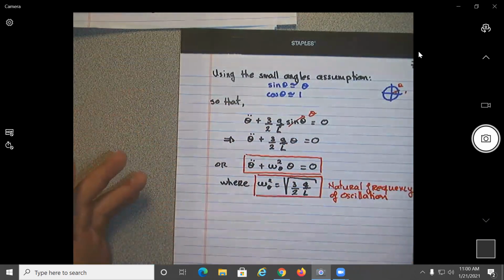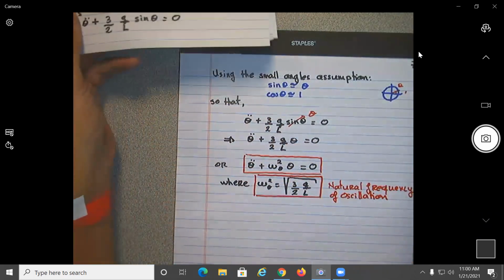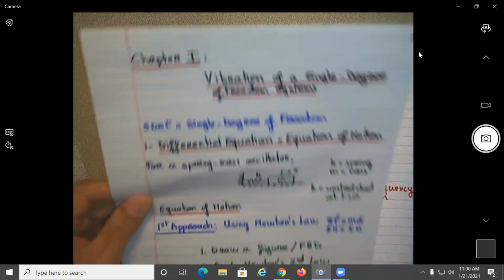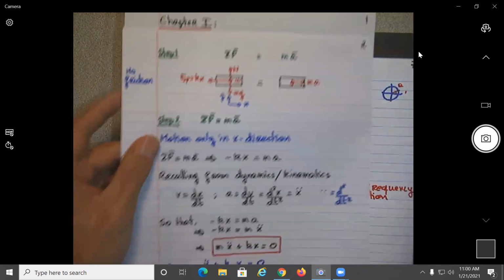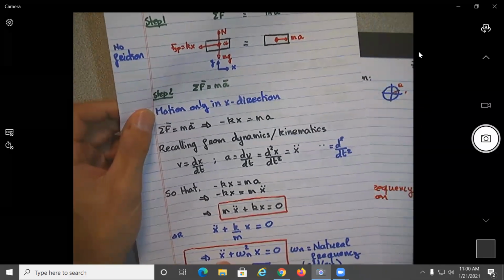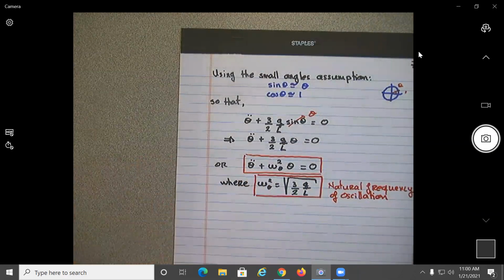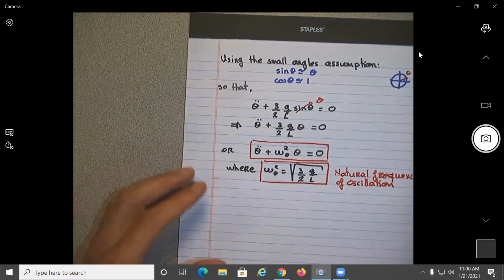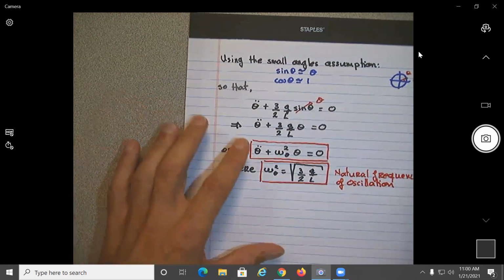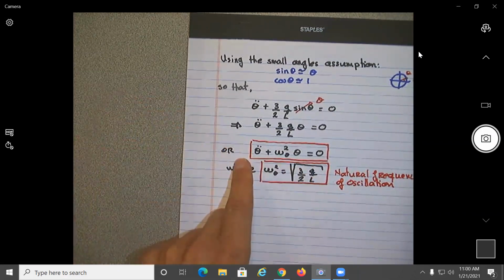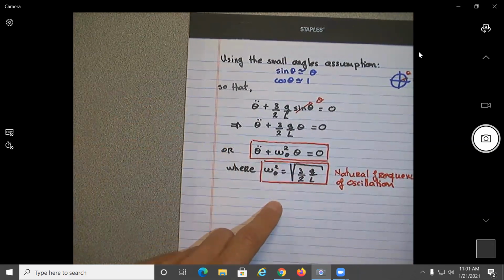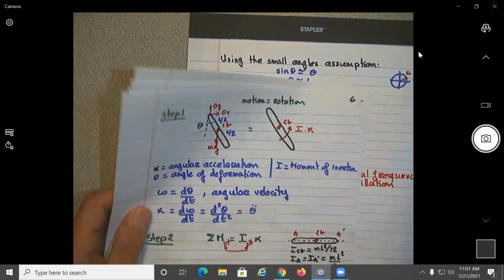But what's important to observe here, and I will finish with that, is that the form of the differential equation we had from page 2 is x double dot plus omega n squared x equal to 0. Even if it's rotation, the form of the differential equation is the same. What changes is the variable. So what's important to understand is that the differential equation can always be rewritten in this form, and then we need to learn how to solve it. Okay, that's it for today.